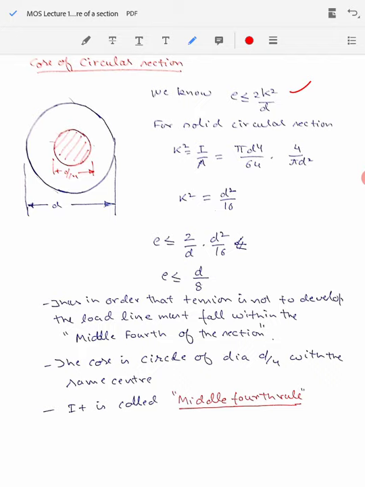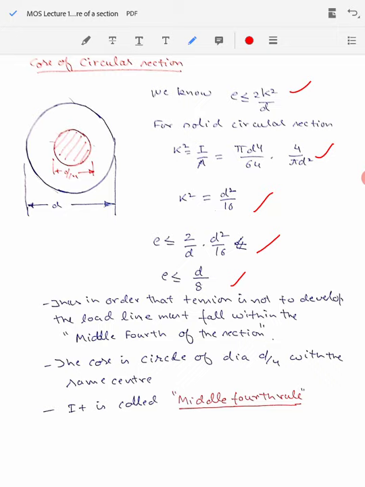Now for the solid circular section, the moment of inertia I is given by pi d to the power 4 by 64, which we know already, and the area of cross section of the circular section will be pi d square by 4. If you substitute these two values here, you are going to get the value of radius of gyration squared as d square by 16. And when we use it in the limiting eccentricity formula, it is going to give me the value of eccentricity should be less than or equal to d by 8.